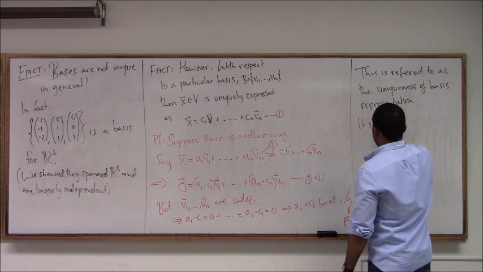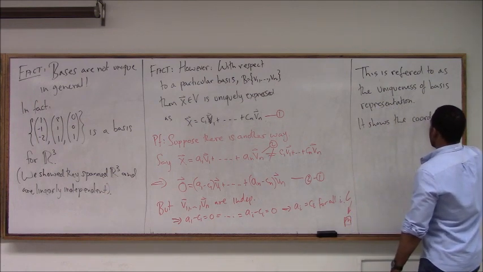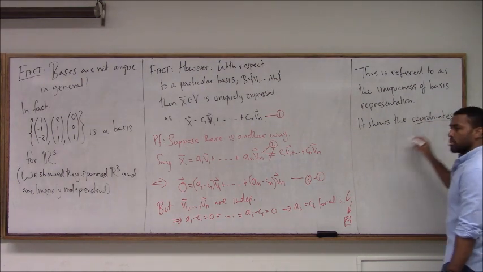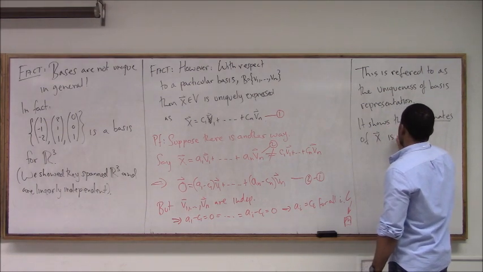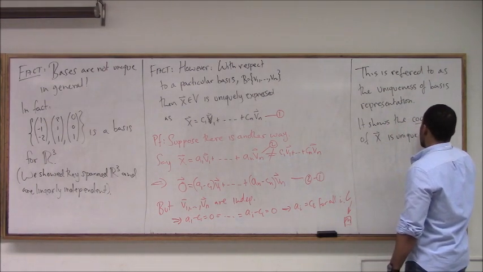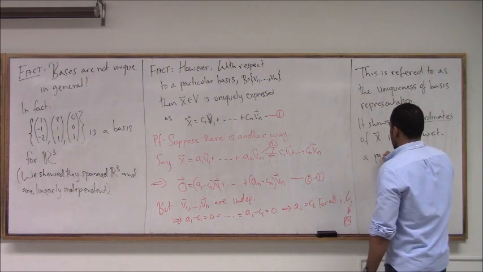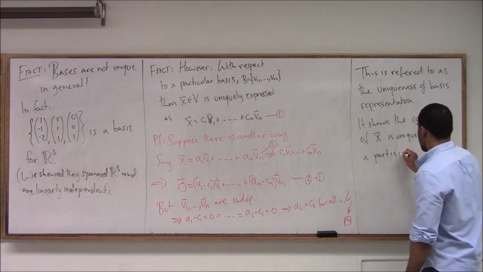It shows the coordinates, which I defined in the last class, of x is unique with respect to a particular basis. There's only one set of coordinates that will give me the vector x.